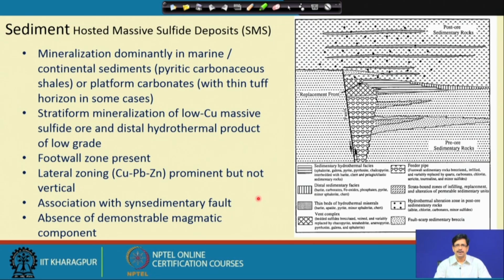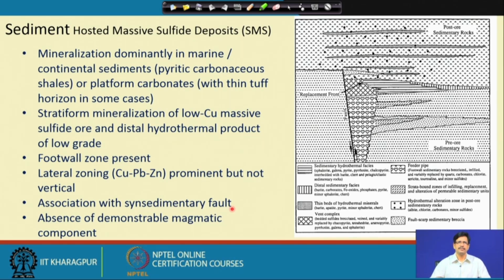Some important occurrences in India, where there is still some debate, could also be included under this: Zawar and Rajpura Dariba in northwestern India in the Aravalli fold belt. These lead and zinc deposits are also included in this category, and they are a very important class of deposits.